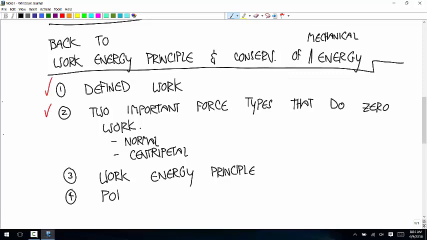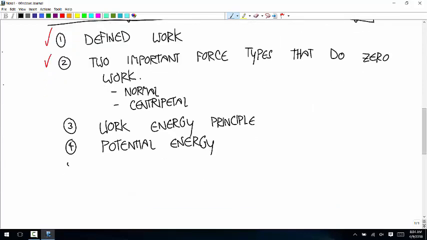Potential energy. And then finally, conservation of mechanical energy.